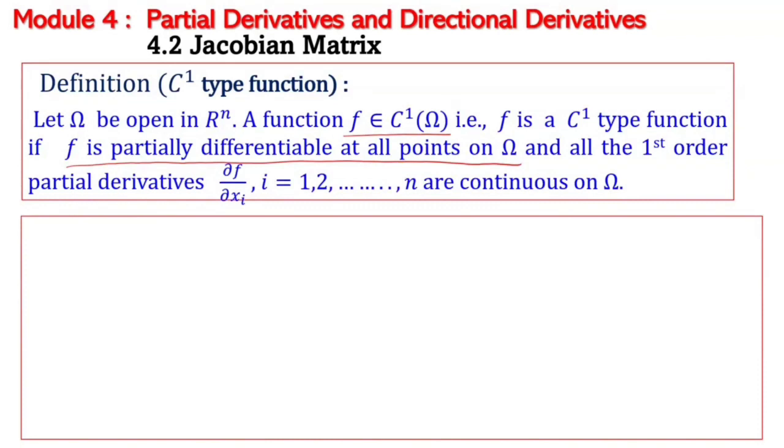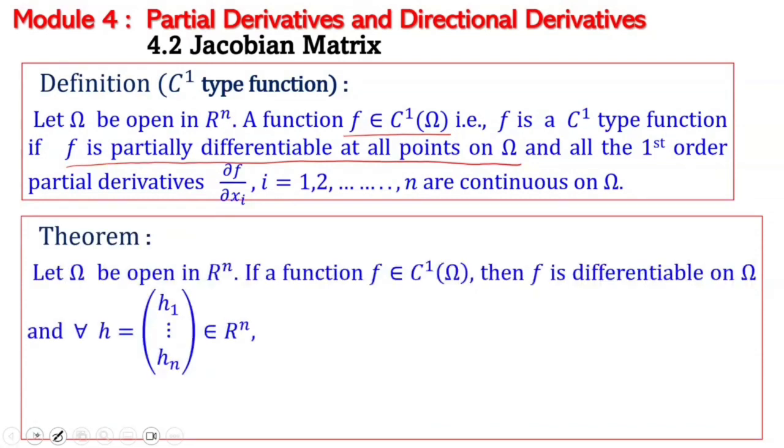That means any first order derivative with respect to all the variables exists at any point. And all the first order partial derivatives, which we denote as del f del xi, with i from 1 to n, are continuous on omega. So two conditions are there: it should be differentiable at all points on omega, and all the partial derivatives should be continuous. Then we call that function a type C1.